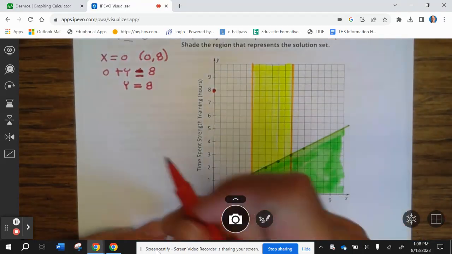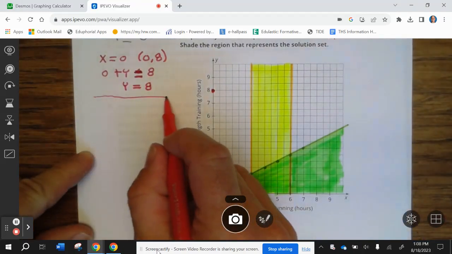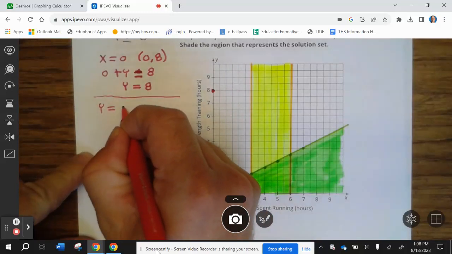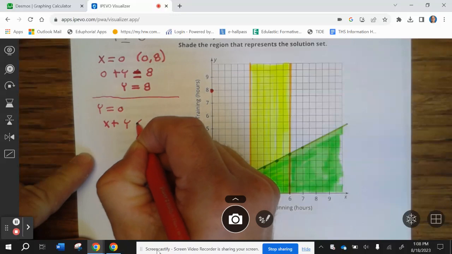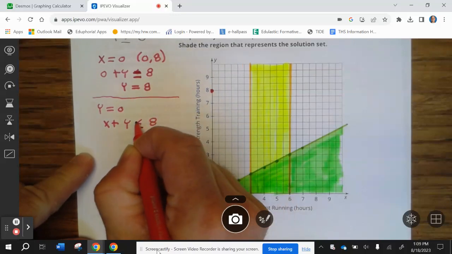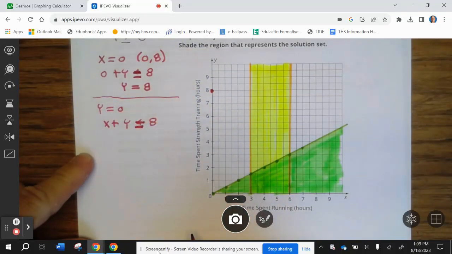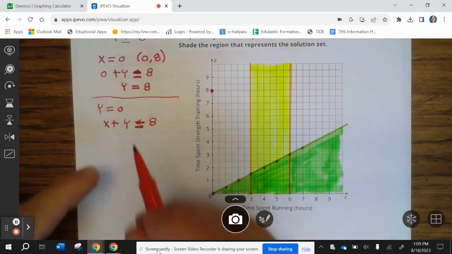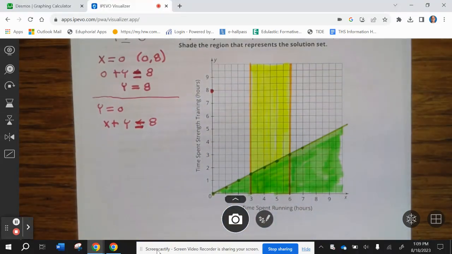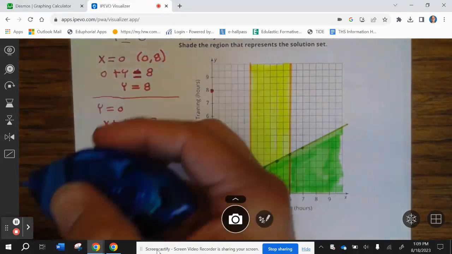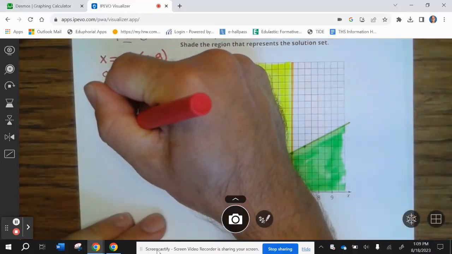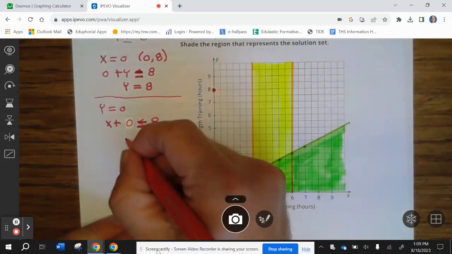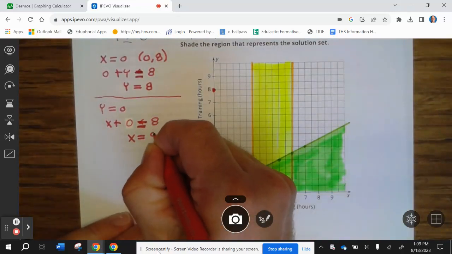Okay, now let's let y equal to 0. So you have x plus y less than or equal to 8. And again, we're just going to worry about the equal part, okay? But y is equivalent to 0. So x equals 8.